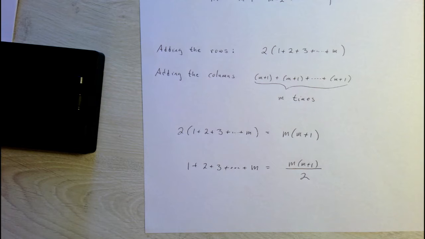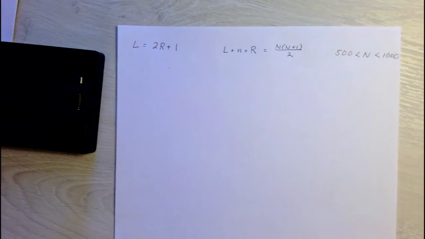Now, we notice that we don't have to worry about getting a fraction. This is always going to be an integer, because either m or m plus 1 will be even. Okay, so keeping that in mind, how do we solve this?